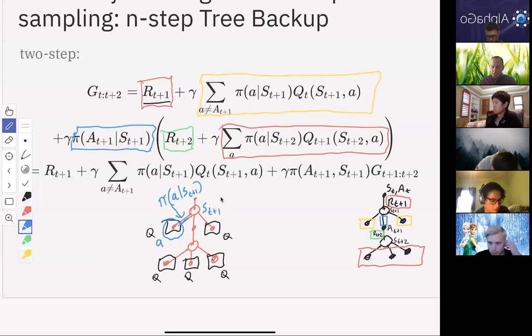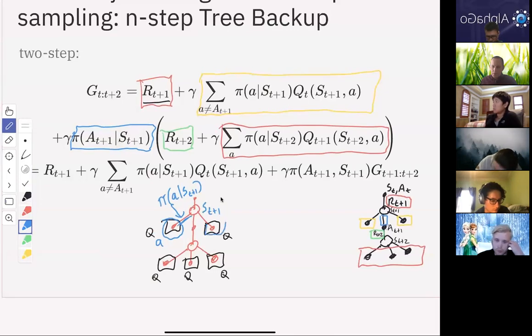Similarly, if we look at the right node here, we're going to multiply it by a different probability, the probability of having taken this particular action. It's when we get down to the second level that it's more interesting, because we have not only the probability here to multiply, but also the probability here. So what's the probability that we took the action that took us to this state, and then the probability from that state that we went on to this leaf.